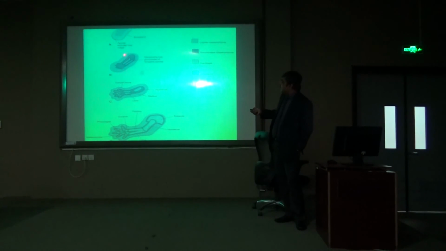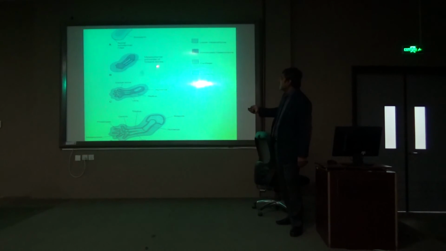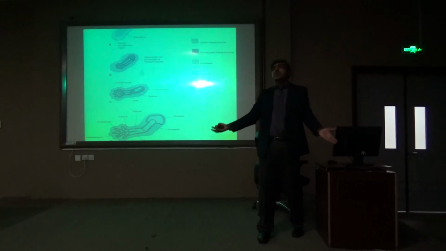Now when the limb is grown, you see different stages. In the forearm, there are two bones, radius and ulna. These two bones are all connective tissue first, then from the midline they become cartilage, and from cartilage they become ossified to become the bone.